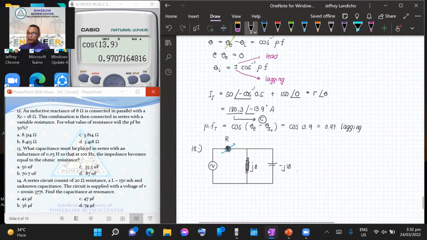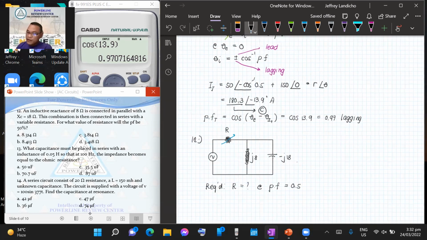So hinahanap ng problem, what would be the value of R at which the overall power factor of the circuit will become 0.5. Okay? So equivalent to 0.5. So let us consider again that the angle of our voltage is at what? 0. So paano natin kukunin yung resistance na yan? So at this case, pwede muna nating i-simplify itong circuit na to.